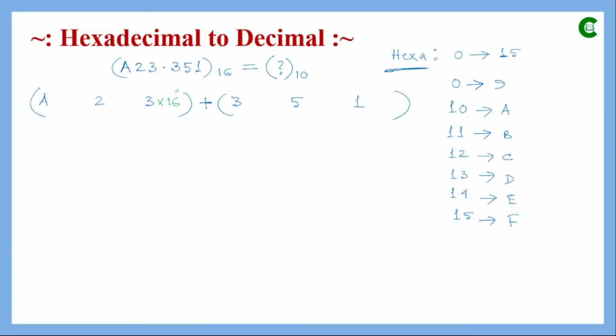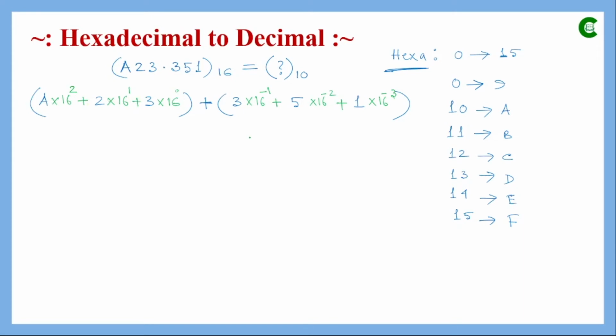This time the base is 16, hexadecimal number system, so it will be 16 to the power 0. It will be multiplied by 16 to the power 1, and by 16 to the power 2. Now the fractional part will be multiplied by 16 to the power minus 1, 16 to the power minus 2, and 16 to the power minus 3. And then we will add all these terms of the integer as well as fractional part.